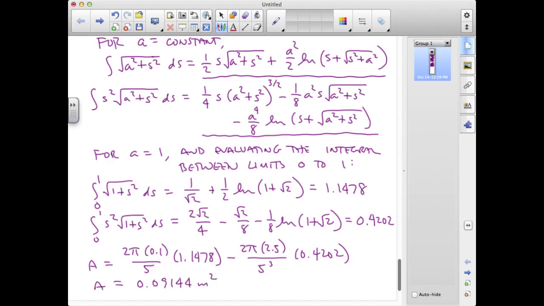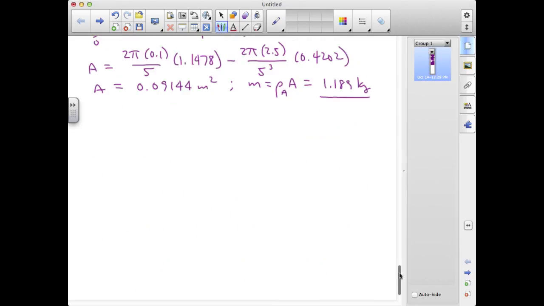And given the fact that we have this areal mass density for the titanium of 13 kilograms per square meter, that product ends up giving us 1.189 kilograms for the mass of that shell.